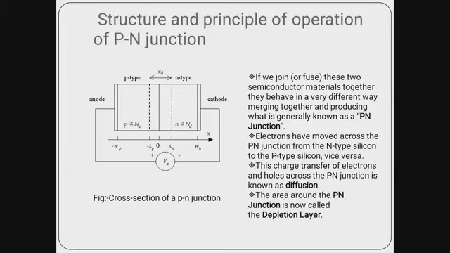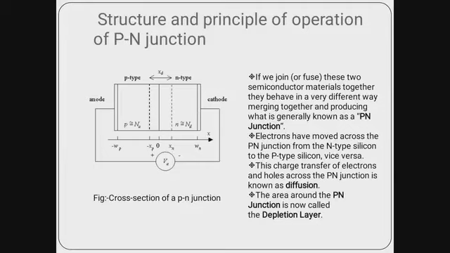As a result, the charge density of the P type along the junction is filled with negatively charged acceptor ions, which are basically denoted by Na, N suffix A, and the charge density of the N side along the junction becomes positive.